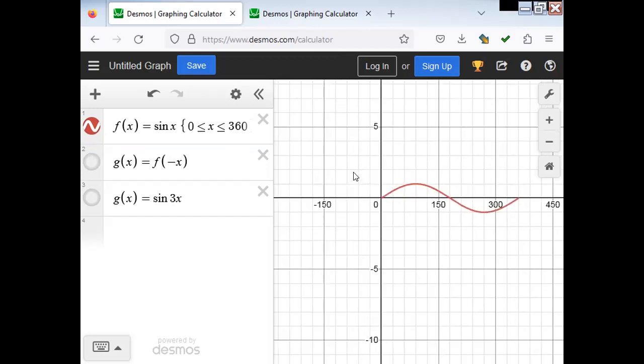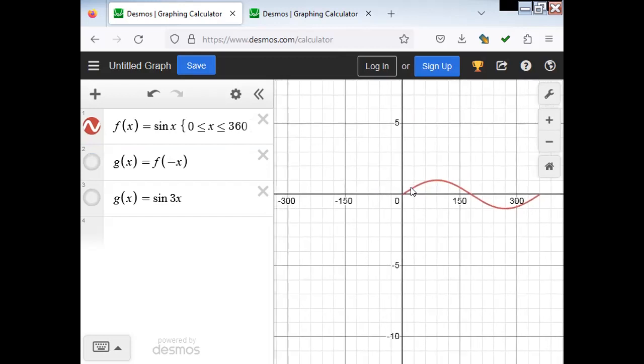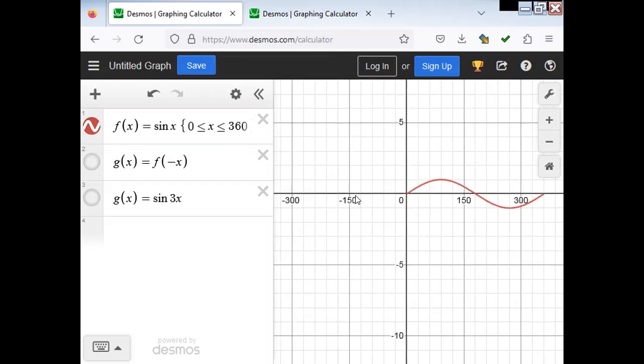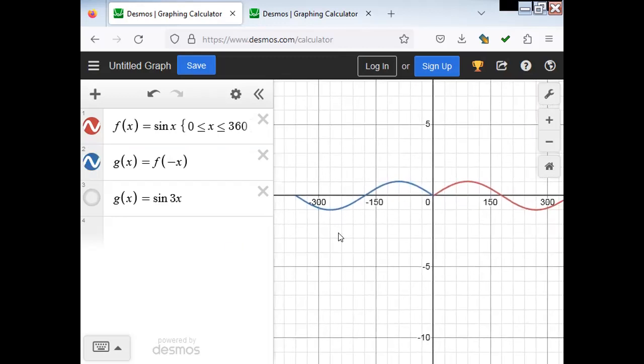If I make the input negative, it will start from the negative side, so what will happen? How will the mirror form? Which line will become the mirror line? The y axis will become the mirror line. It will be reflected on the y axis.